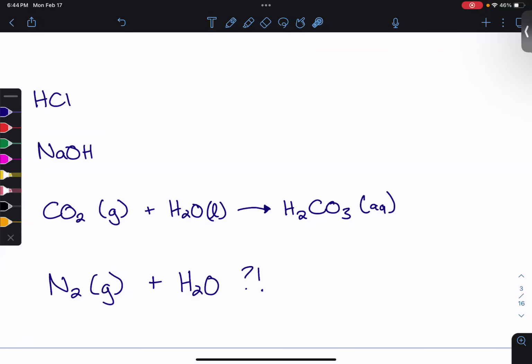So now I have another reaction here. CO2 plus water gives us H2CO3. Does anyone know what the name of H2CO3 is? It's an acid. CO3 is what anion? Carbonate. So if acetate becomes acetic acid, carbonate becomes carbonic acid.